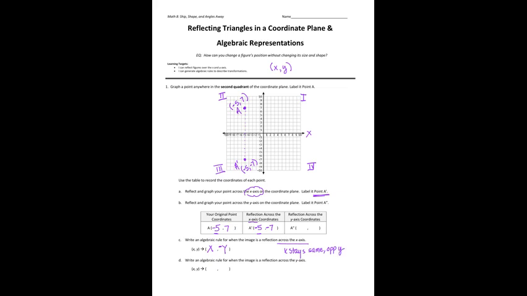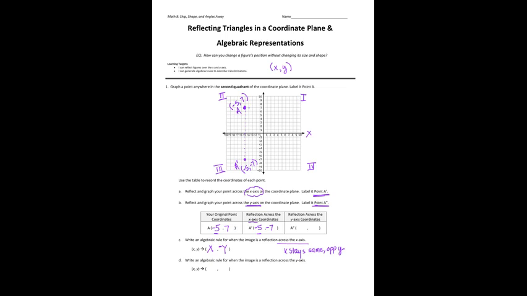The second direction tells us to reflect and graph my point across the y-axis and label it A double prime. So here's our original point. If I go across the y-axis, I have to travel the same distance on the other side as it is on this side.